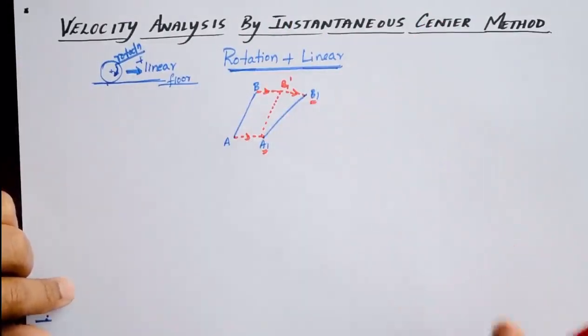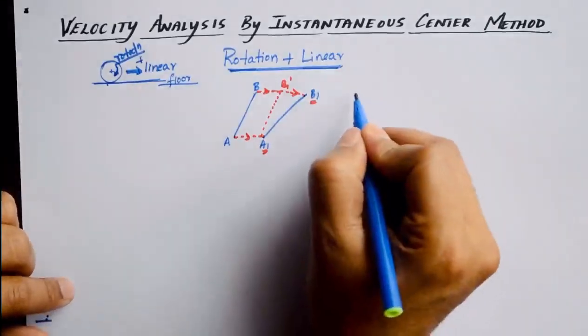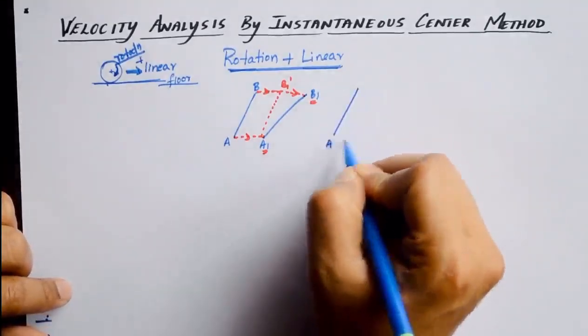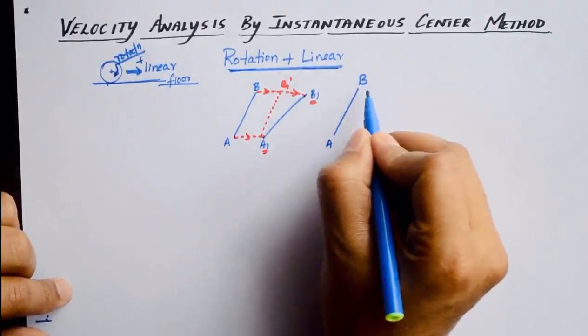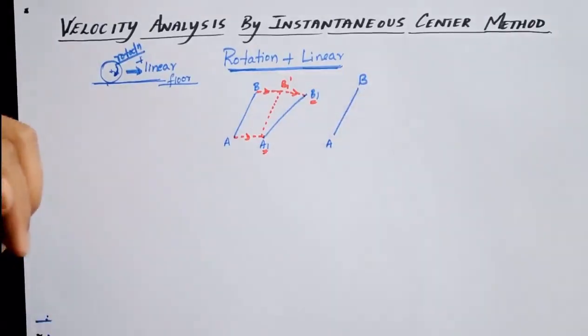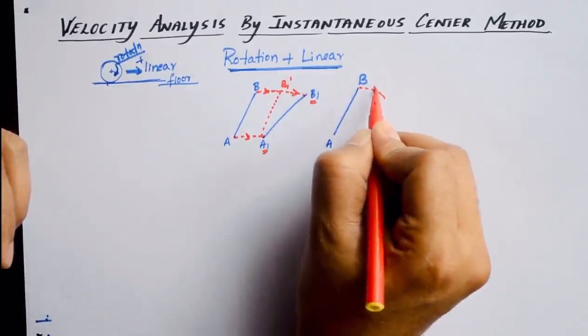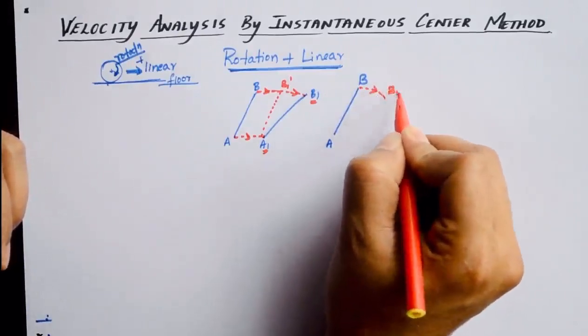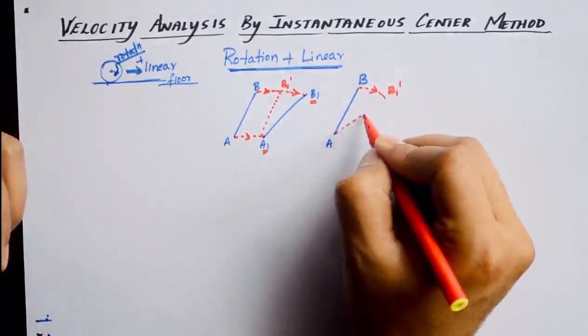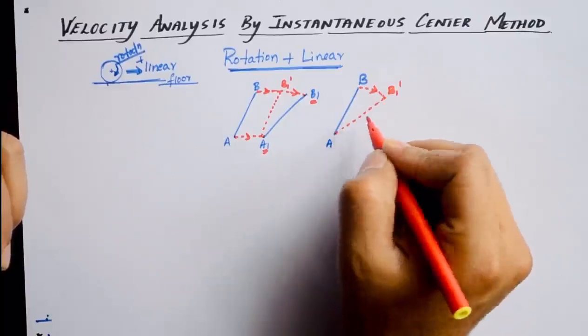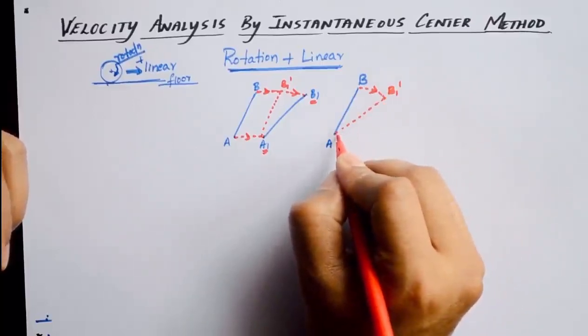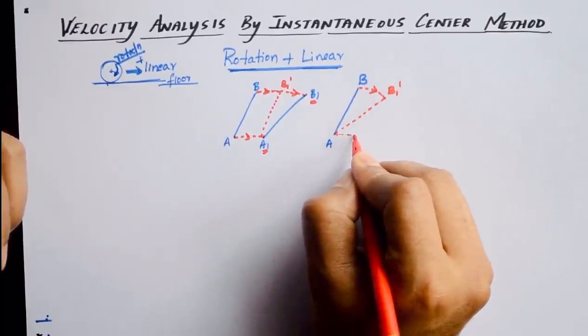We can also assume this in one more way. Say the same link AB, and let us say that first there is rotational motion, from point P. So it attains a new position B1 dash. This is a new position of the link, and then we'll assume that it has a linear motion.